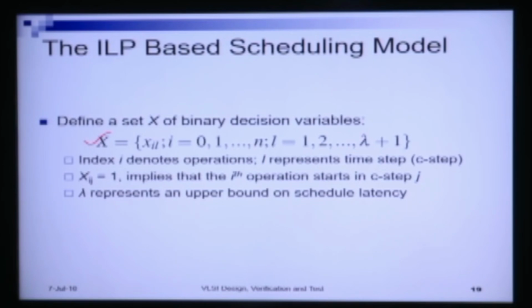Here index i denotes operations and l denotes time step, and the variable x_ij will be set to 1 only when the ith operation is scheduled to start in time step or C step j. So, x_ij equals 1 implies that the ith operation starts in C step j, and lambda represents an upper bound on the schedule latency.